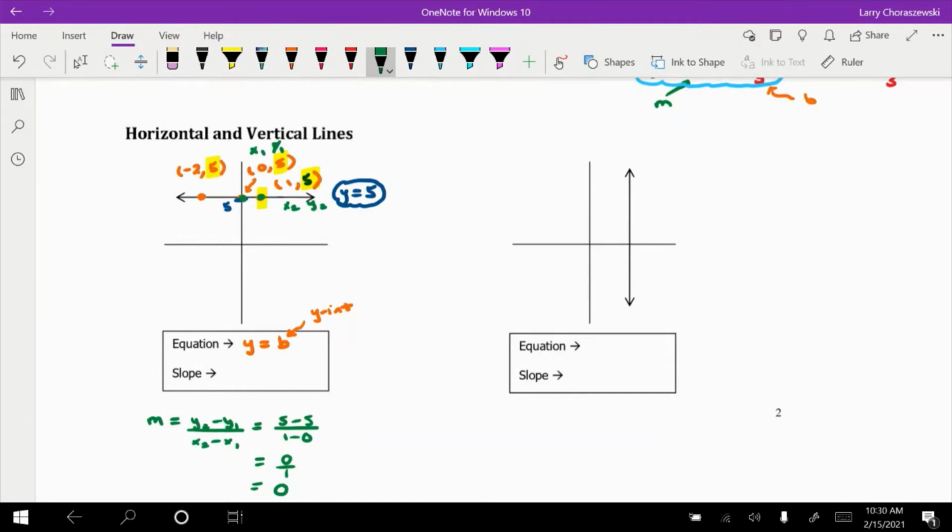Meaning that the slope of any horizontal line is always going to be 0.